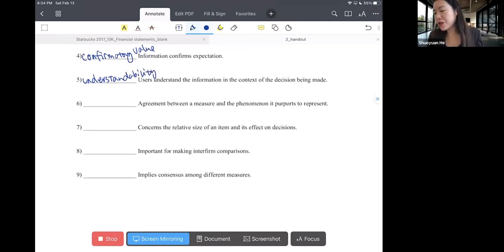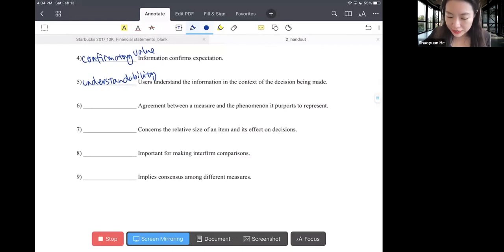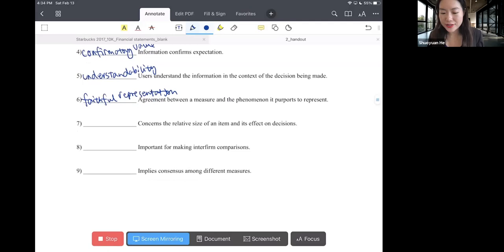Agreement between a measure and the phenomenon it purports to represent. That's faithful representation. Concerns the relative size of an item and its effect on decisions.